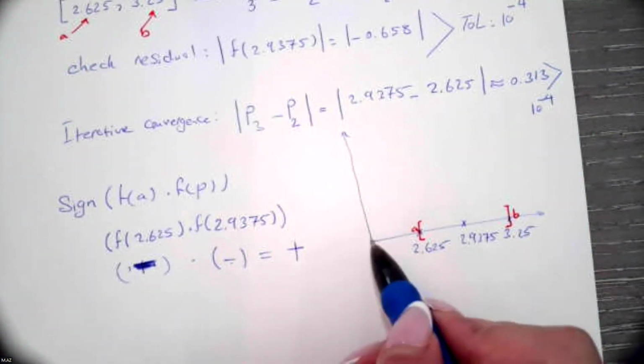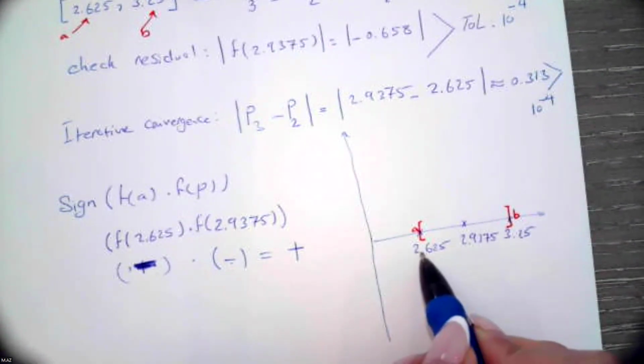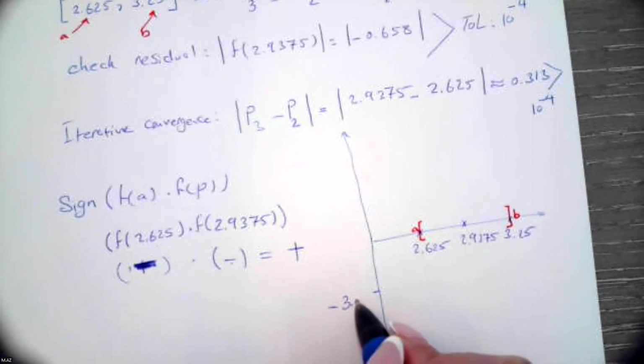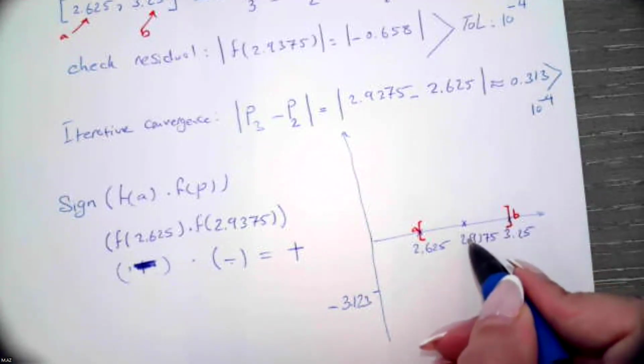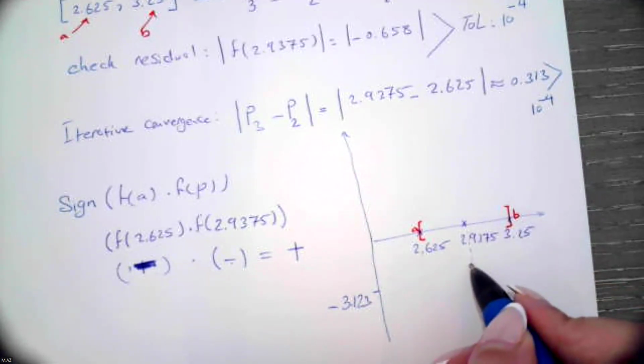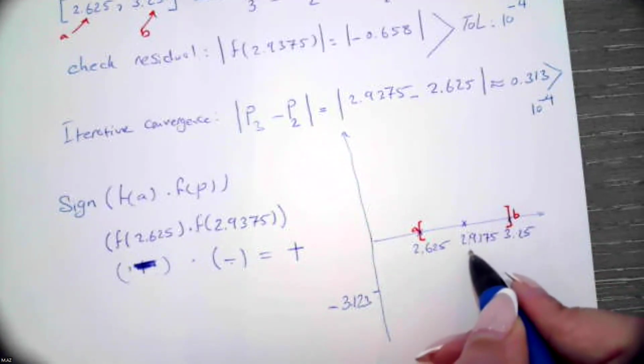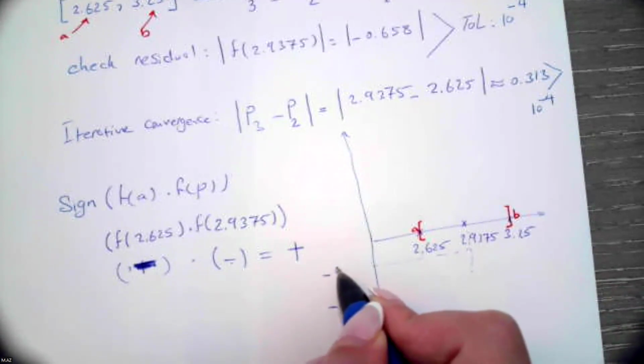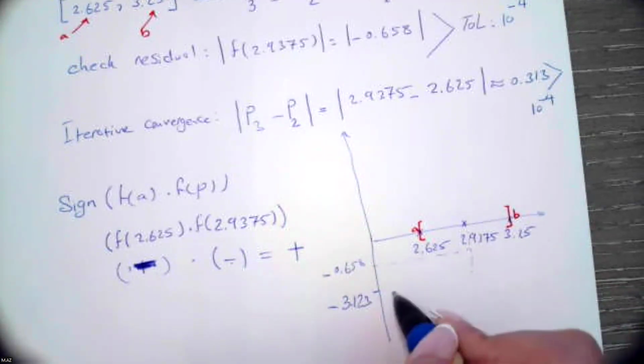The value of the function at this point is minus 3.123, and the value of the function at P3 is minus 0.658.